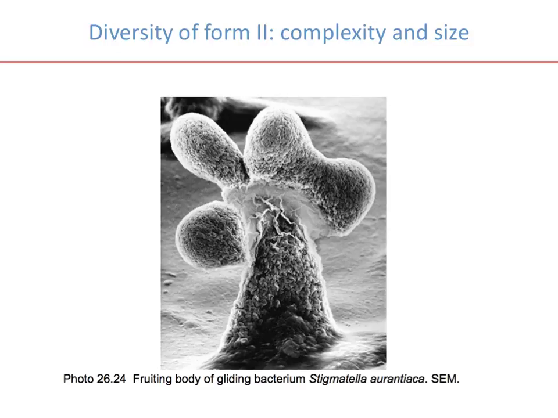Different cells are playing different roles in making this fruiting body, and this fruiting body then can disperse cells into the environment. So it's a pretty unusual type of system. You don't see this a whole lot, but it's an example of some of the unusual forms that bacteria can take.